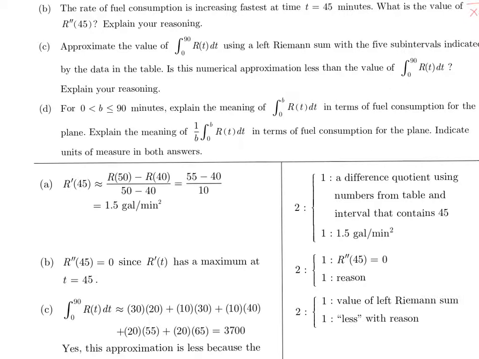And that's a little tricky, but your original r function is a rate. So r prime is actually like your acceleration when you're talking velocity and acceleration, because you're finding the rate of change of the rate of fuel consumption. So that's where the minute squared comes from.